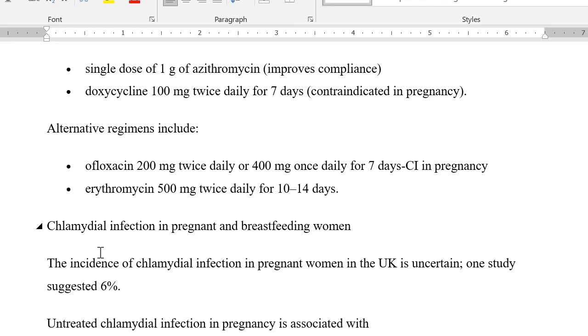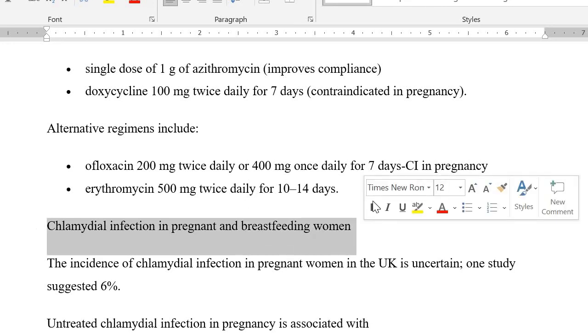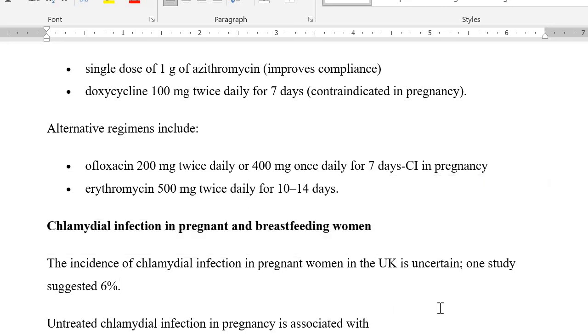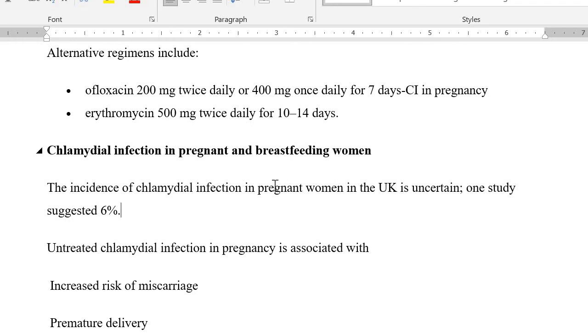Chlamydial infection can also occur in the pregnant woman or the woman who is breastfeeding. The incidence of PID from chlamydial infection in pregnancy is about 6%. So chlamydia can affect women during pregnancy also.